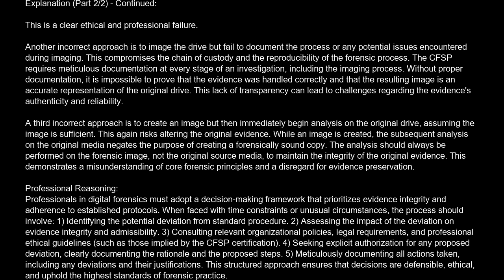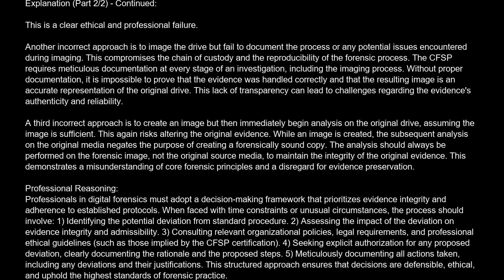Professional reasoning. Professionals in digital forensics must adopt a decision-making framework that prioritizes evidence integrity and adherence to established protocols. When faced with time constraints or unusual circumstances, the process should involve: 1. Identifying the potential deviation from standard procedure. 2. Assessing the impact of the deviation on evidence integrity and admissibility. 3.